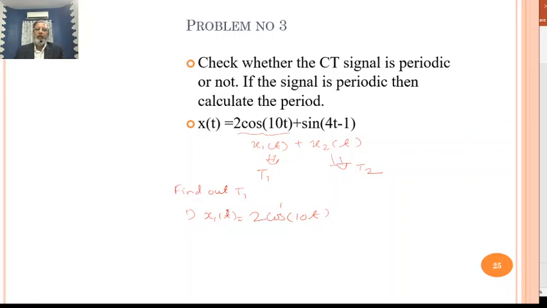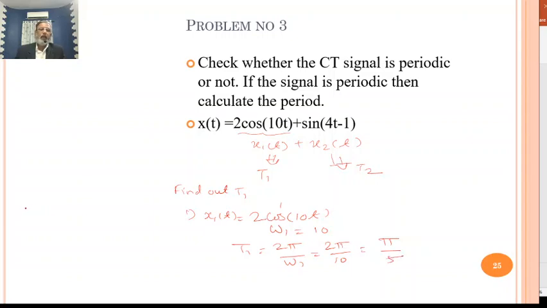Here, what is omega 1? Omega 1 is 10. Then T1 equals 2 pi divided by omega 1, which equals 2 pi divided by 10, meaning pi by 5. T1 is pi by 5.